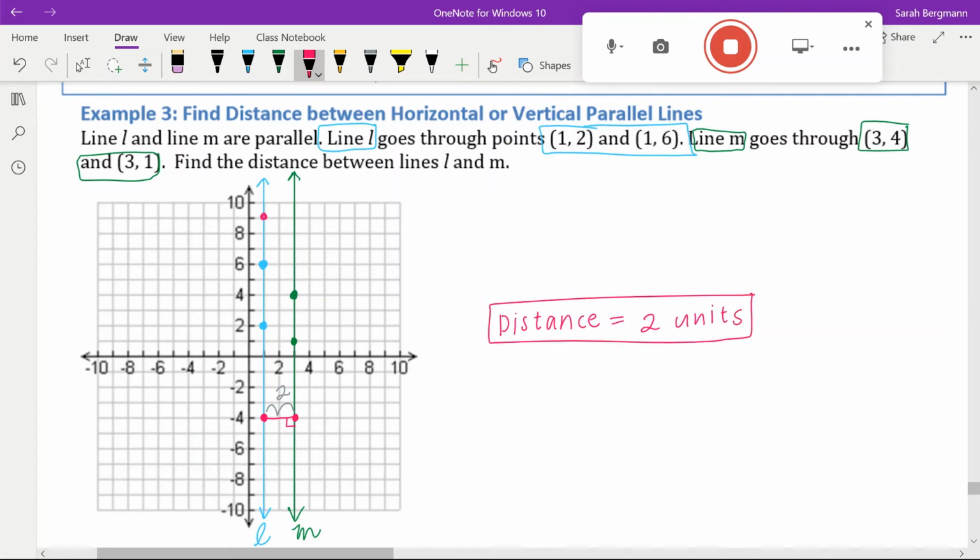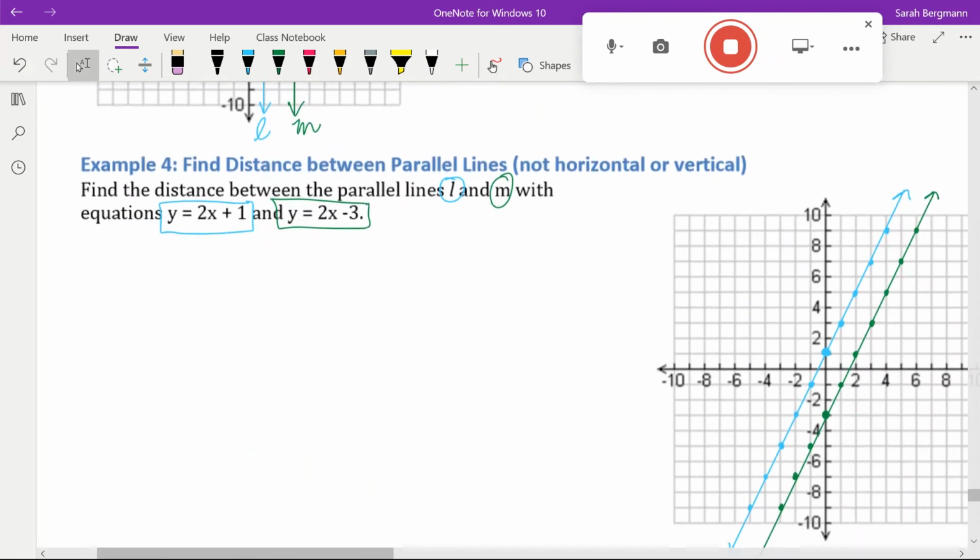Again, just to reiterate, you could choose any 2 points to measure along the perpendicular. No matter where you choose, since parallel lines are equidistant, it doesn't matter where we measure, as long as we're measuring along a perpendicular.